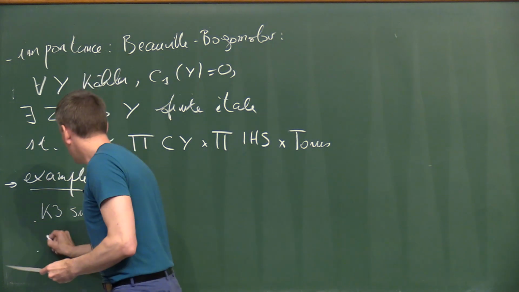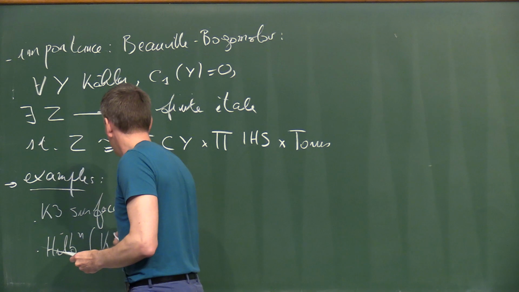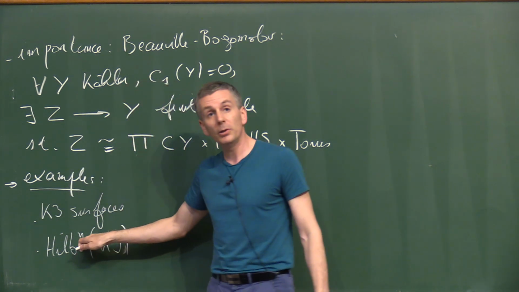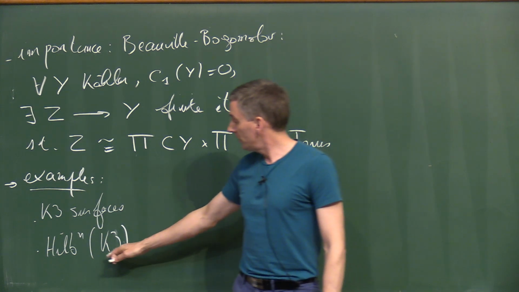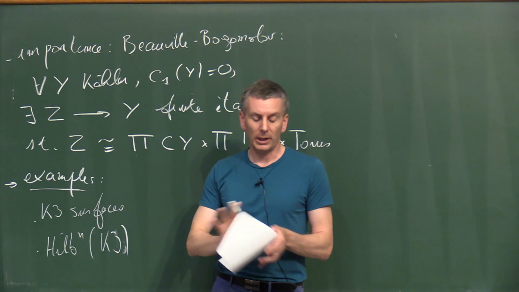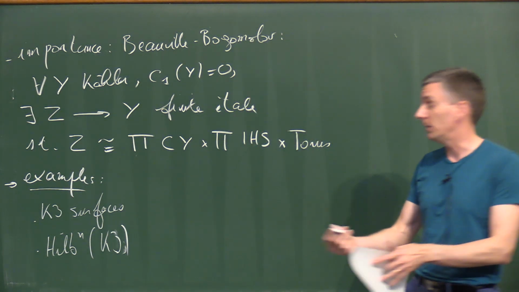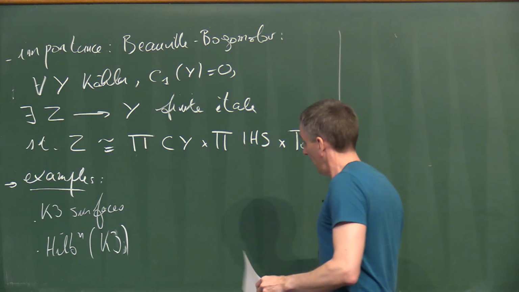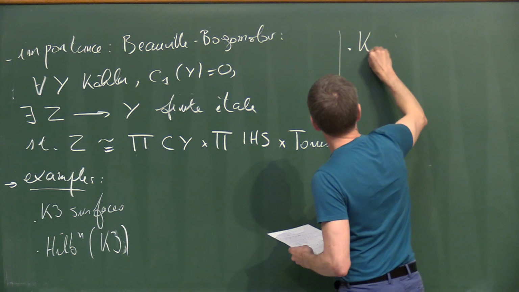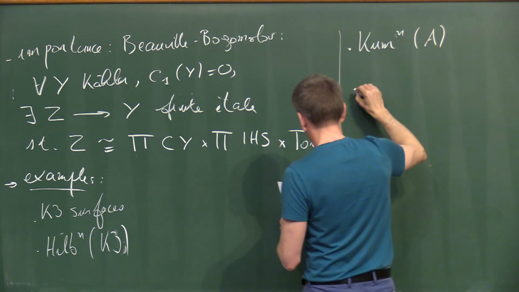Then the Hilbert schemes of points on K3 surfaces. So Hilbert schemes of n points, which are the moduli spaces of unordered n-tuples of points on a K3 surface, and we take the compactification given by non-reduced subschemes. And more importantly, what Alessandra already introduced, the generalized Kummer variety of an abelian surface.